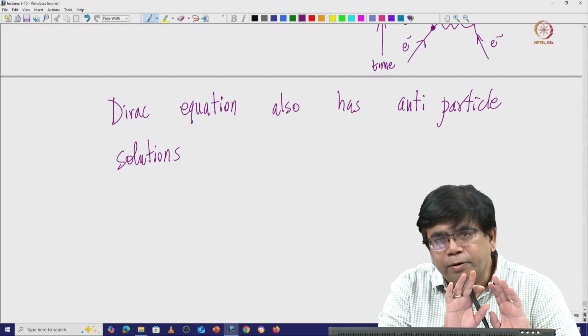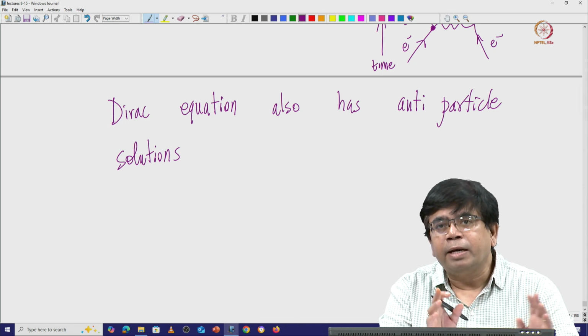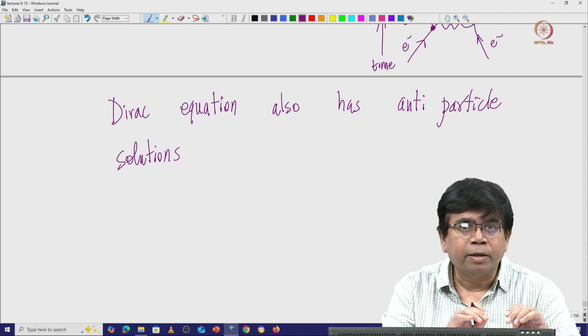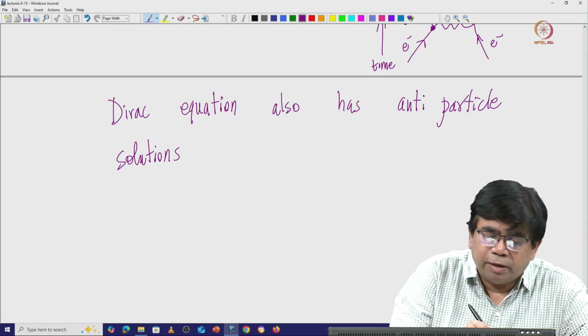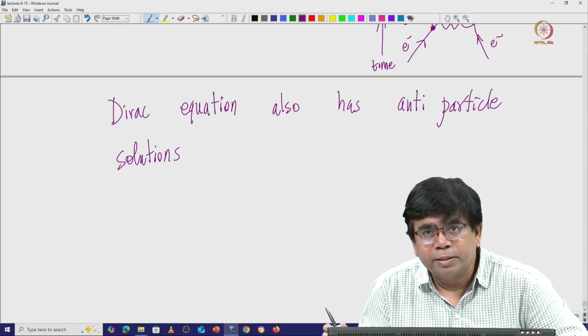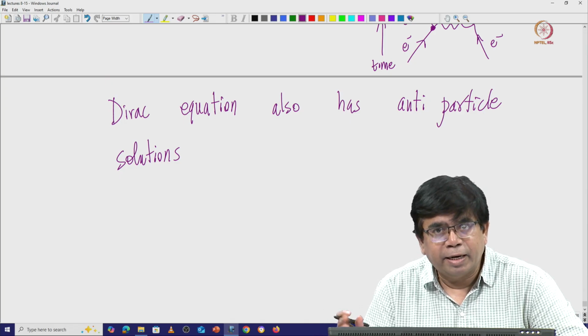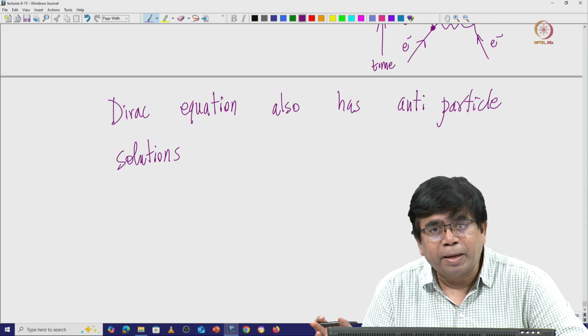And when we introduced interactions in the Klein-Gordon equation, we ended up having all kinds of funny behavior. One of the things was, because we introduced a static electromagnetic potential, it had something called the Klein paradox.